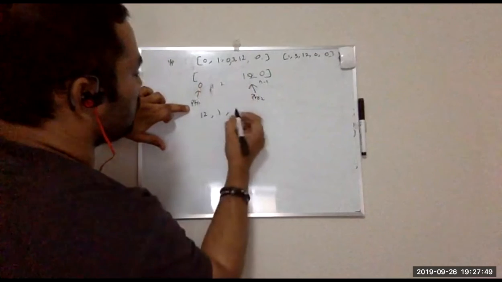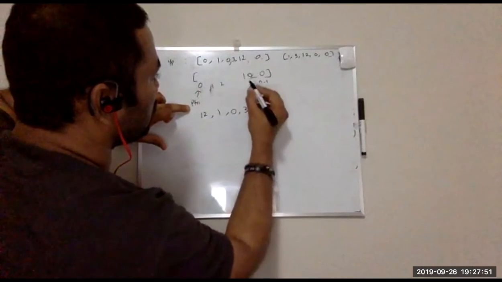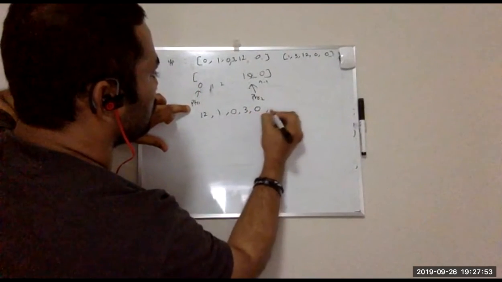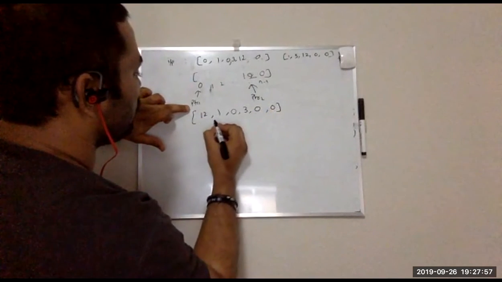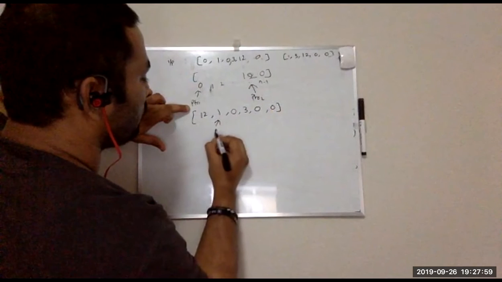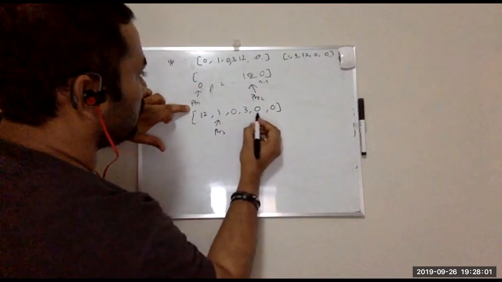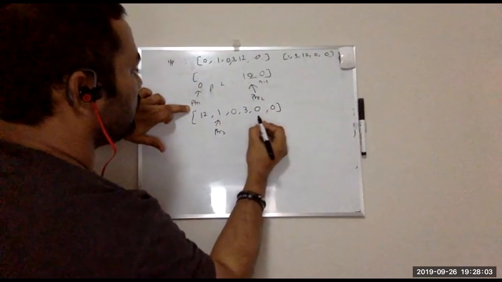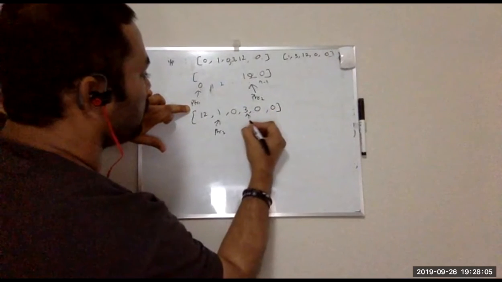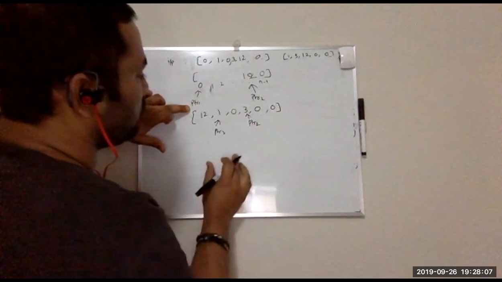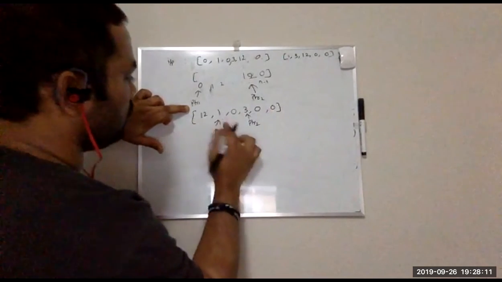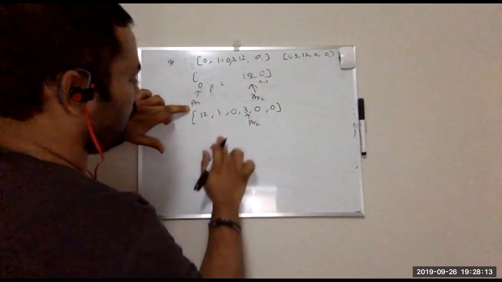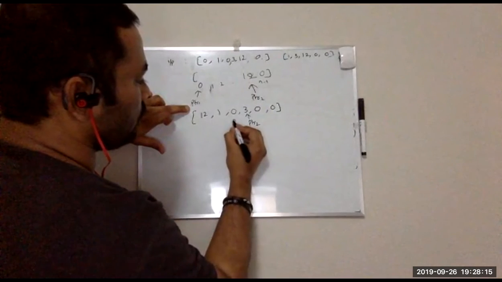Then it becomes 12, 1, 0, 3, 0, 0. Now we increment the pointer 1 value here, and we also increment pointer 2 here. We check whether any of these is 0. No. Now we increment pointer 1 only.